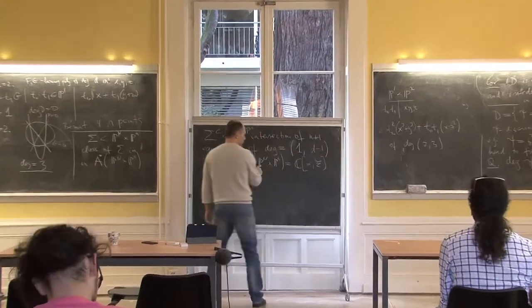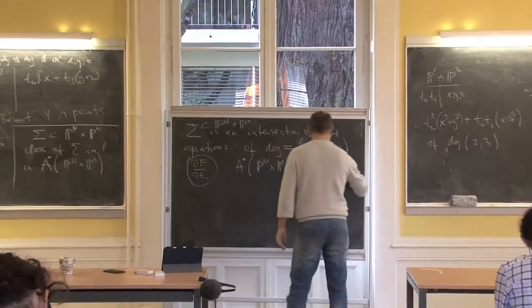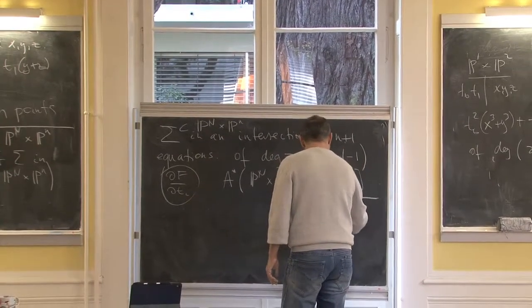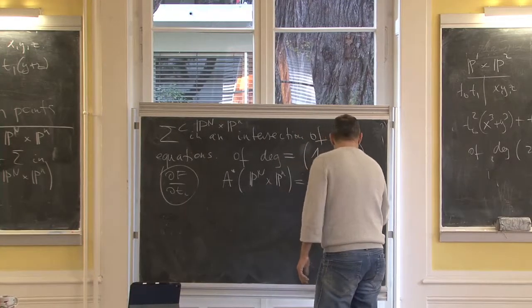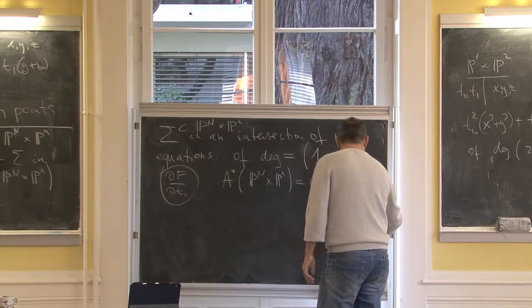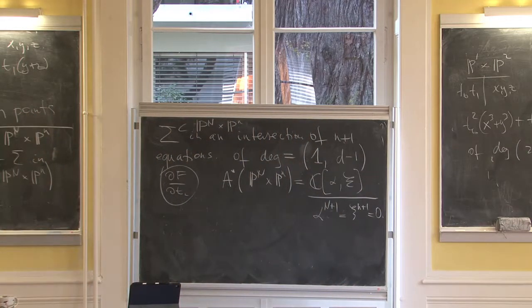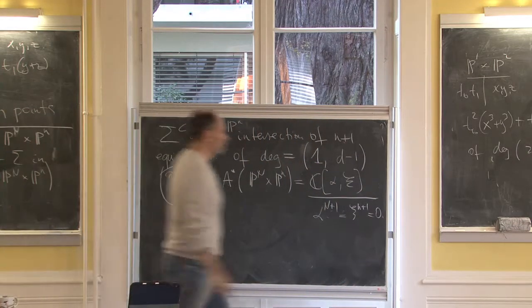Alpha is the generator of this, psi the generator of this, and I divide by the usual relations: alpha to the n plus 1 is equal to 0 and psi to the little n plus 1 is equal to 0. That's our usual way of describing the Chow group of projective space.